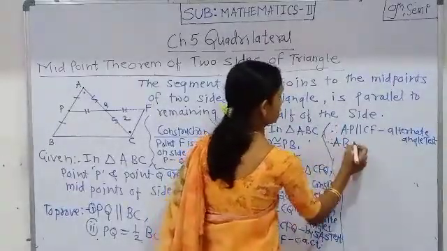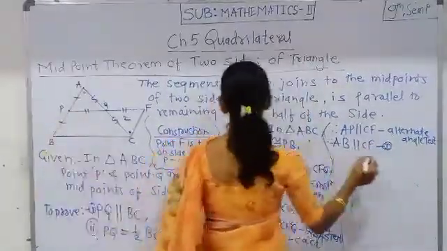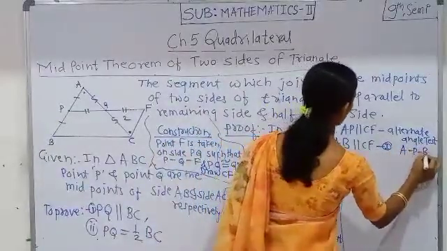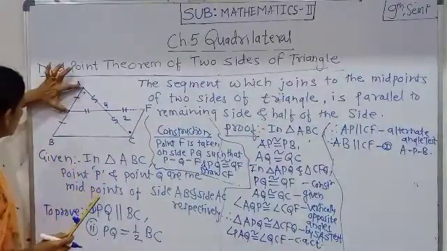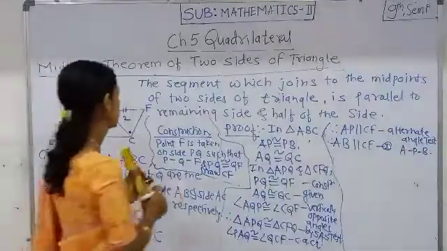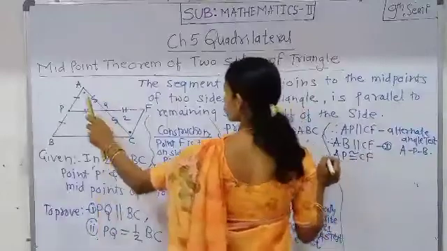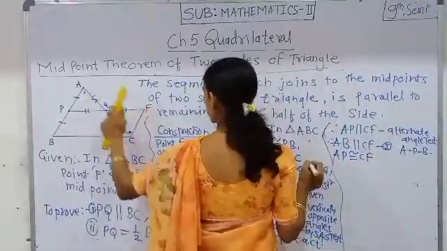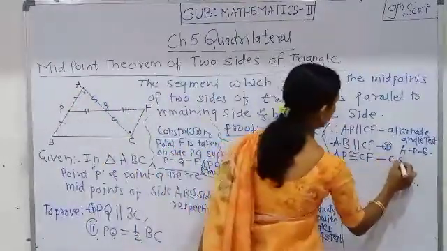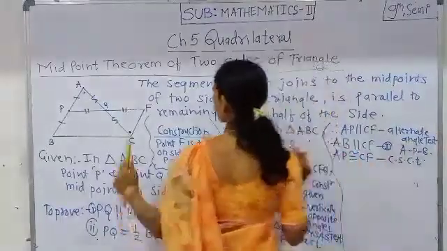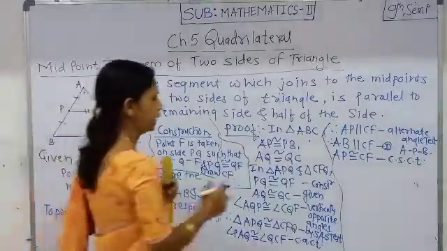Let this be equation number 1, because A-P-B. As well as AP congruent CF, because those two triangles are congruent, so AP and CF are corresponding sides of congruent triangles.